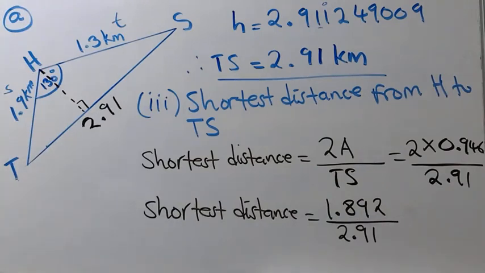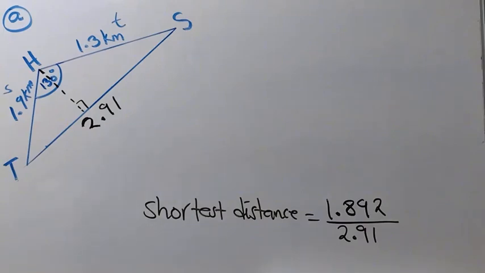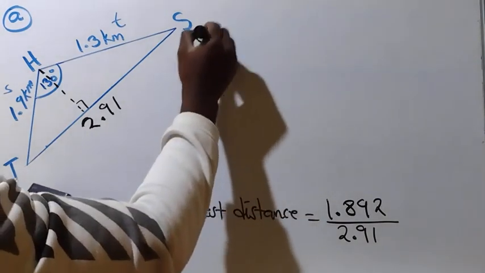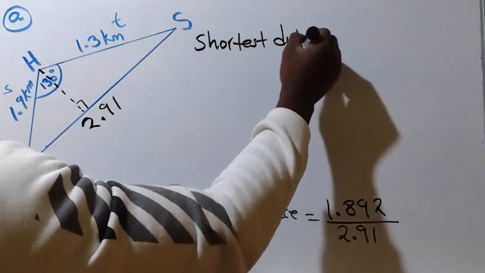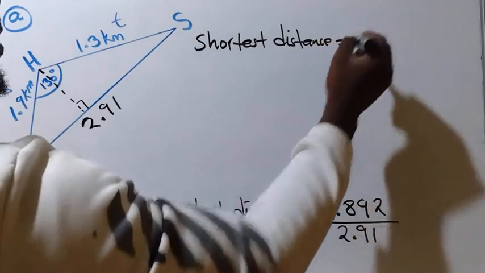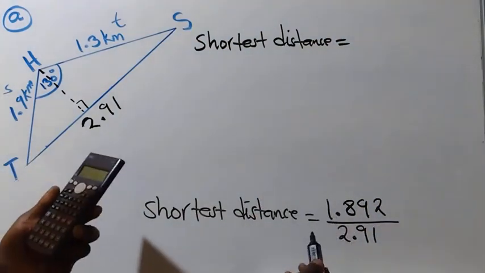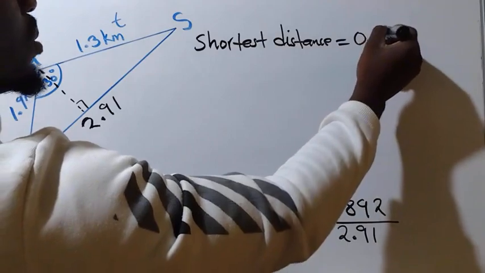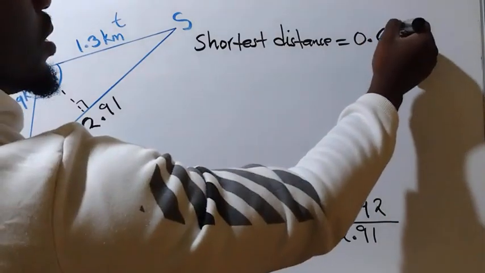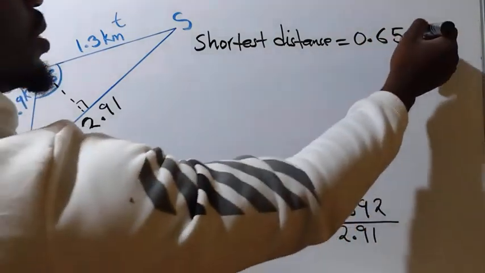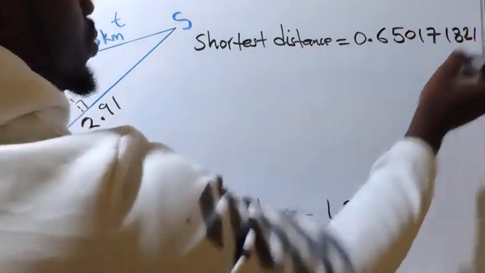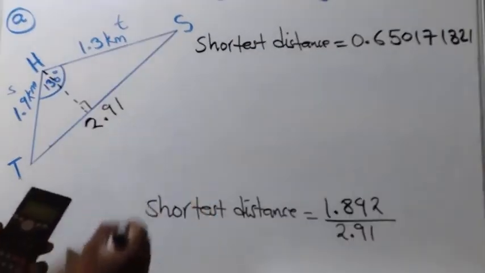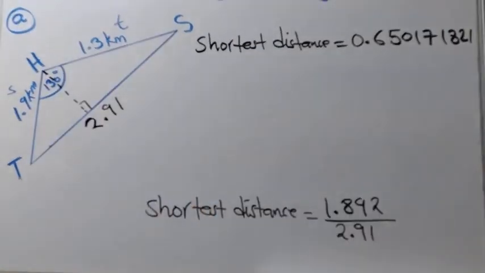All right, so let me just write the value here. Shortest distance. The value that I got after dividing this is 0.650171821, something like that. Now let's leave our answer correct to 3 significant figures, because the instructions are not given here.